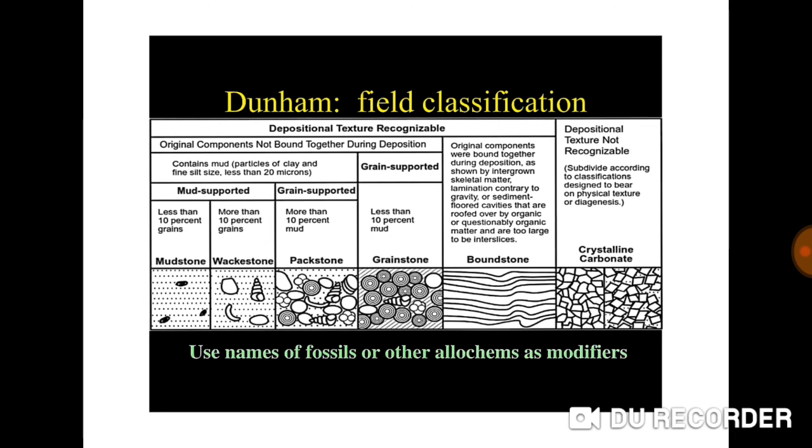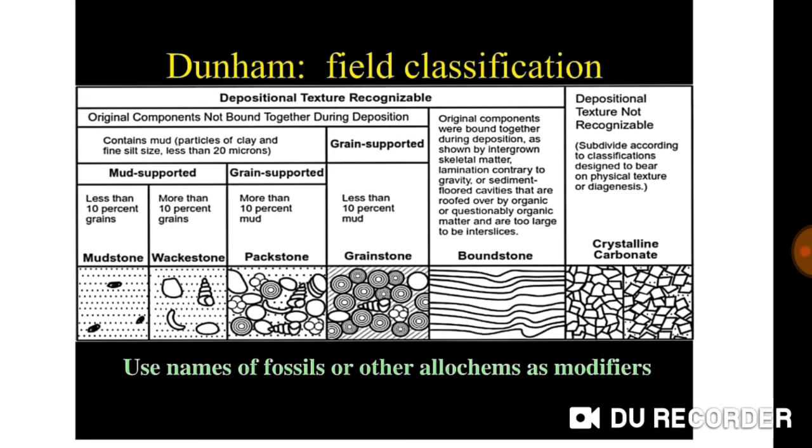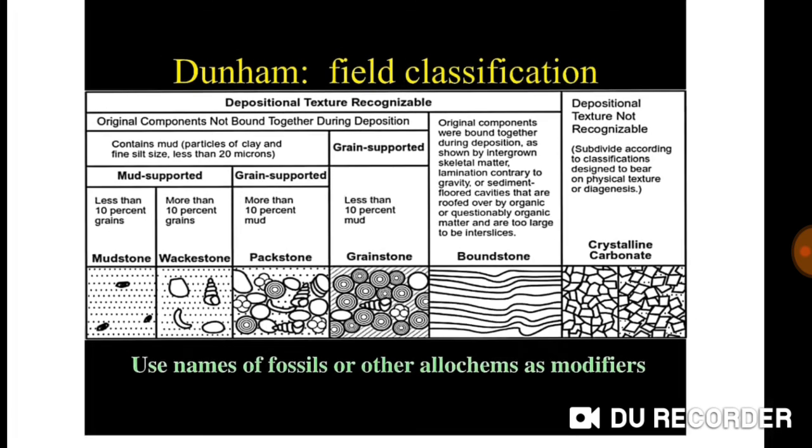The depositional texture not recognizable is known as crystalline carbonate, and the recognizable texture is further divided into two broad groups. One, those whose original carbonates were not bound together during deposition, and the second is where the original carbonate formed in place and consists of intergrowth of skeletal material.